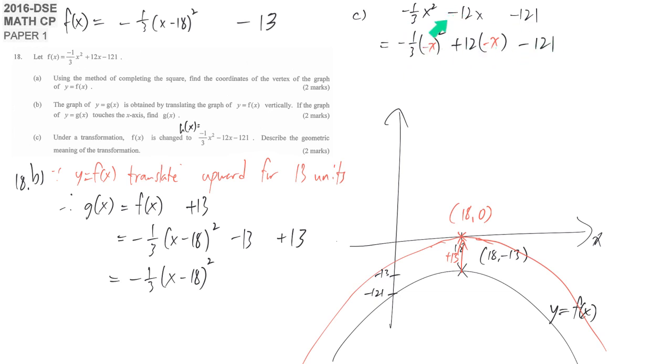So now the structure is exactly the same as f(x), but our input is not x, our input is negative x. So that means this is f. We put negative x instead of positive x, which means that the new function, let us label it as h(x), is obtained by replacing x with negative x, which means that this is reflected along the y-axis.